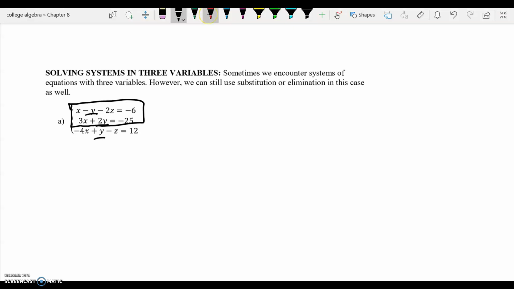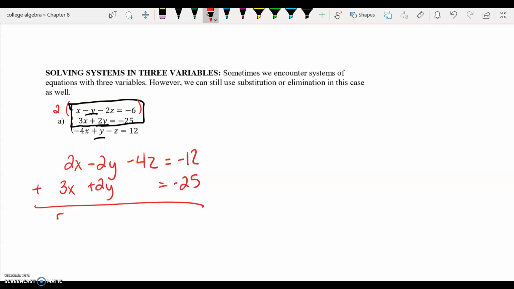I'm going to have to multiply the top one by a 2 to get rid of my y, that is. And then I'm going to add them. 5x minus 4z equals negative 37. So that's one equation. And then you're going to do the top one and the bottom one.